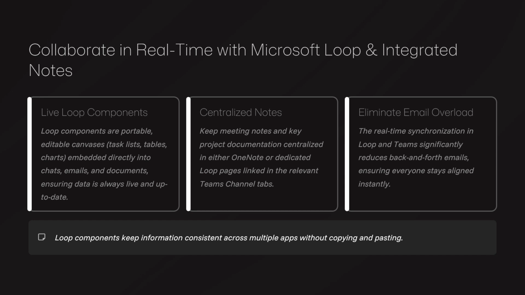Centralized notes: keep notes and key project documents centralized in either OneNote or a dedicated Loop page linked in the relevant Teams channel tab. Eliminate email overload: the real-time synchronization in Loop and Teams significantly reduces back and forth emails, ensuring everyone stays aligned instantly. Loop components keep information consistent across multiple apps without copying and pasting.